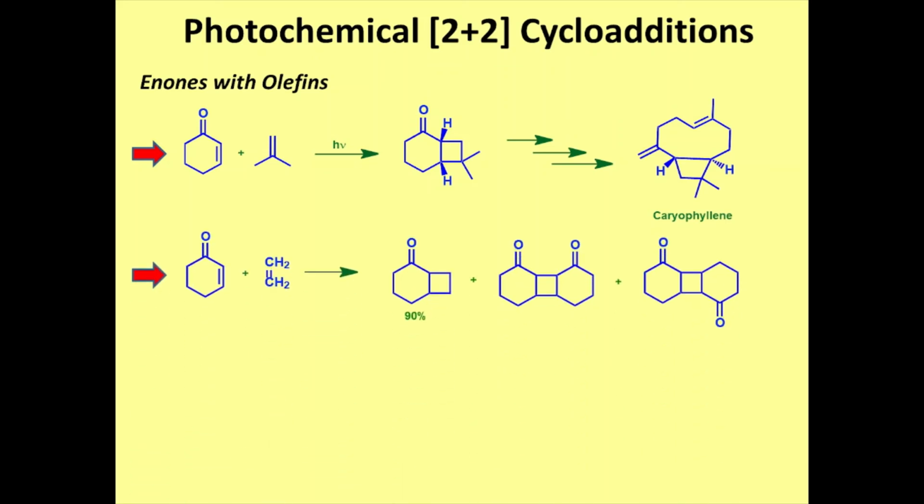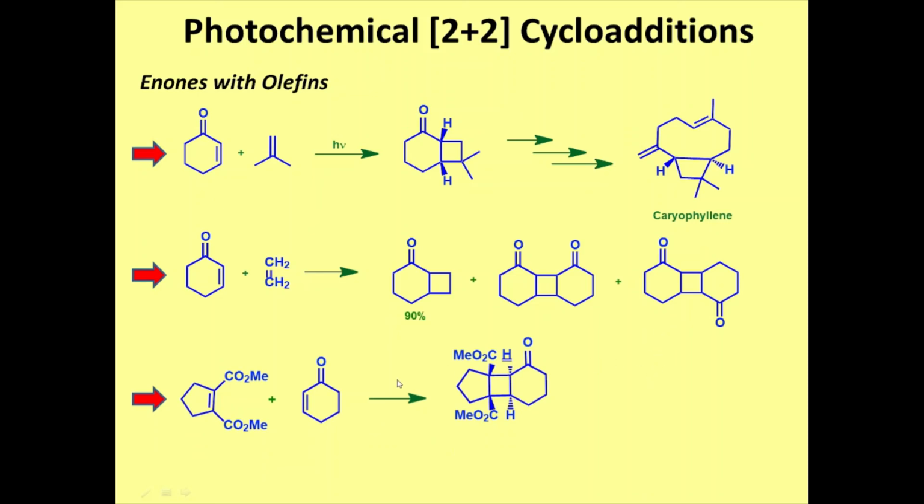There are other examples with an alpha beta unsaturated cyclic carbonyl compound with a simple olefin, and we will get the fused ring structure, of course in the major yield, the expected one, because there is no substitution, so there is nothing about the regioselectivity. However, the number of moles of the enone system is very important. In case you use more than 1 mole, then these two isomers can be formed as well.